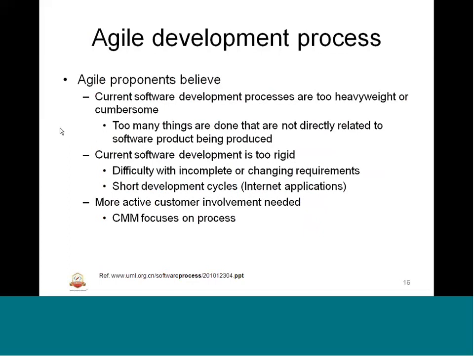The current processes are too heavyweight or too cumbersome in terms of documentation, process, and all that. So all that will be bypassed in the agile development process. And the current software development is too rigid. It's difficult in terms of changing requirements, incompleteness, and short development cycles. All these are very difficult to align with the current model.